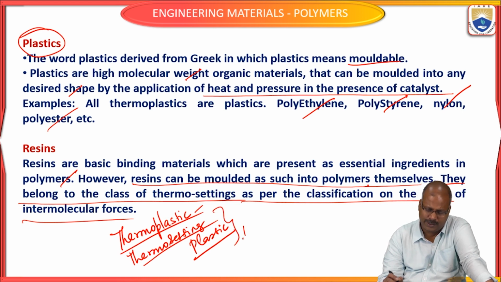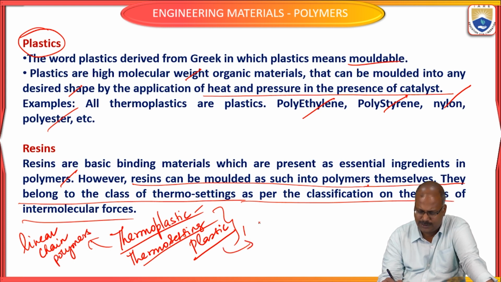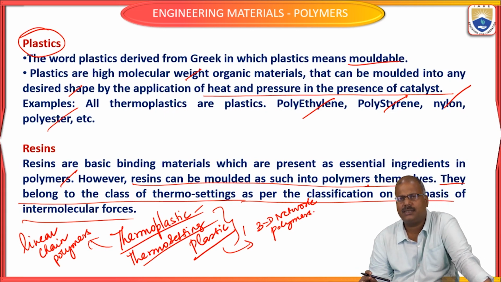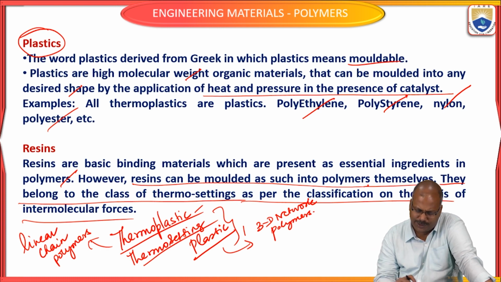So thermoplastics are mostly linear chain polymers. Here, this is a 3D network polymer. We can call it thermosets. So we have seen in the last video, under the heading of classification, intermolecular forces, thermoplast, thermosetting.